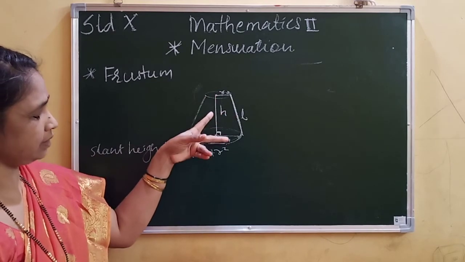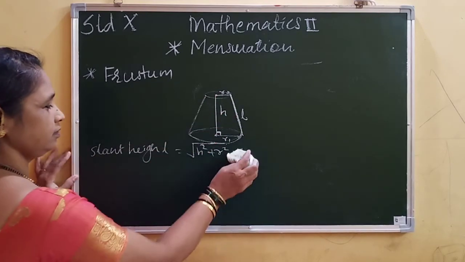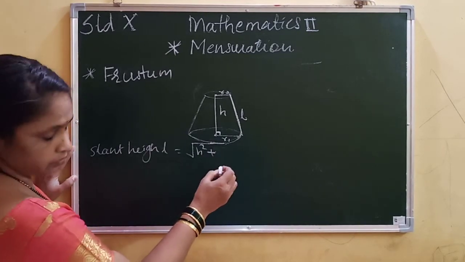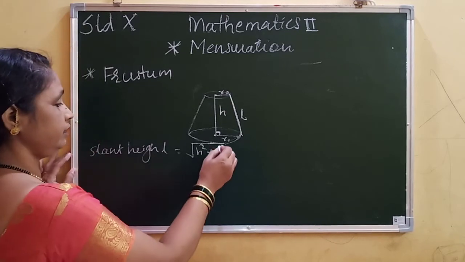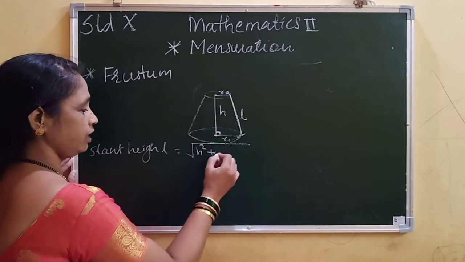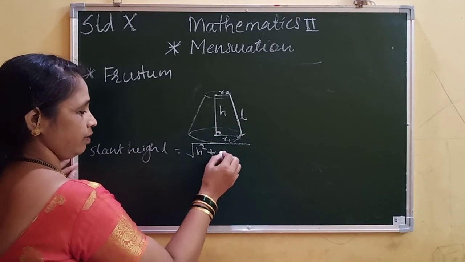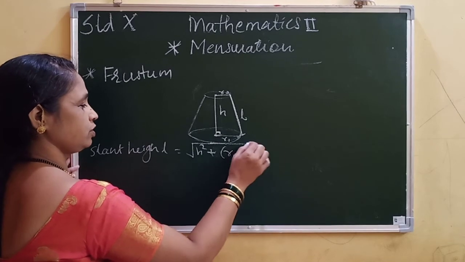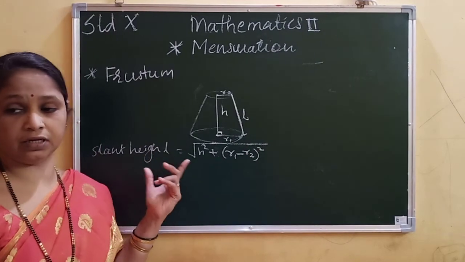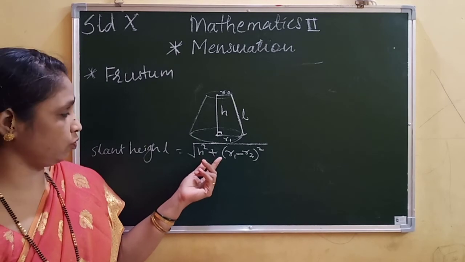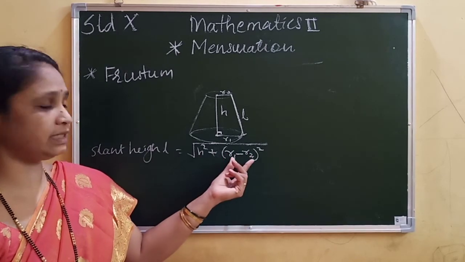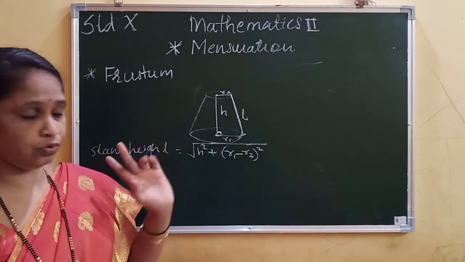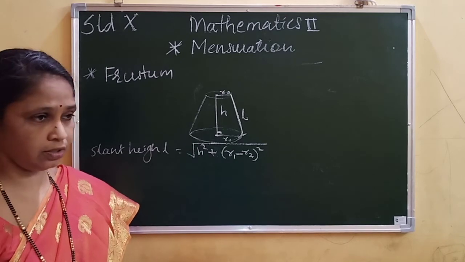Here we have 2 radii, so r will be R1 minus R2, the bigger radius minus the smaller radius. So L is equal to the square root of h square plus the square of R1 minus R2. This will be the slant height of the frustum.